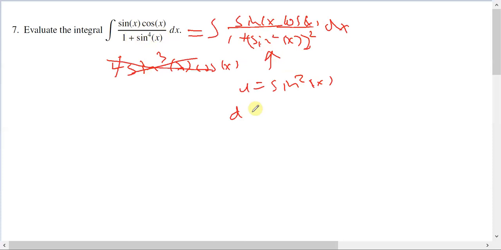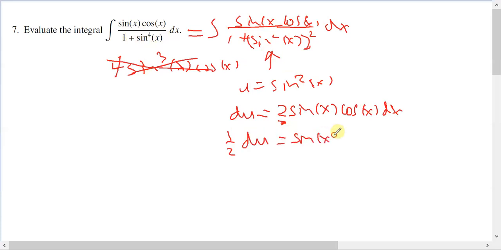Because the derivative here is 2 times sine, and then the derivative of sine is cosine, using the chain rule. And that's exactly what I have up there. Well, not exactly, I've got an extra 2. So that says that 1/2 du will replace that sine x cosine x dx.